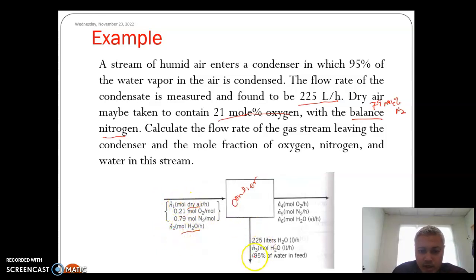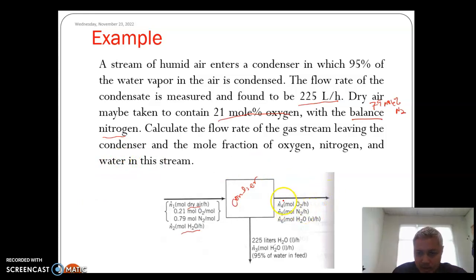So far we have three unknown already, and then the flow rate of the condensate is measured and found to be 225 liter per hour. Here it is given in liter per hour, but the unit is in mole per hour for N3. That means we already have information here, but we need to convert the unit later on to mole per hour from liter per hour. From this question, we have been asked to calculate the mole fraction of oxygen, nitrogen, as well as water.